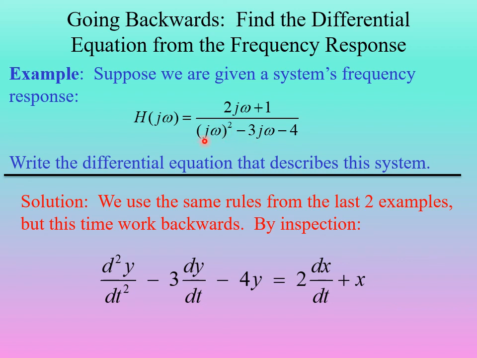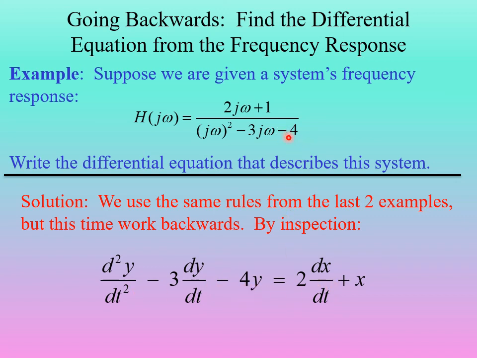So j omega squared tells me I have a second derivative of y, so it's d squared y over dt squared. Then I have a minus 3, and j omega tells me I have a first derivative of y. Remember, this is the differentiation property. And then minus 4 tells me I have a minus 4 times y. So that takes care of the left side.